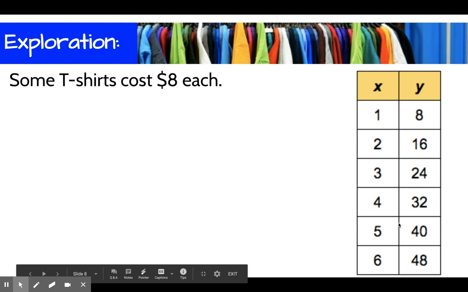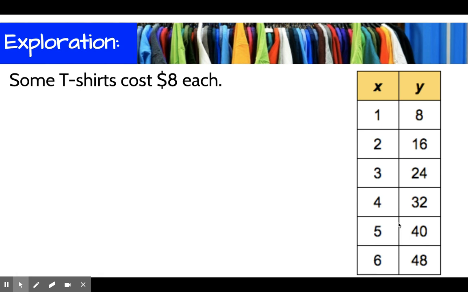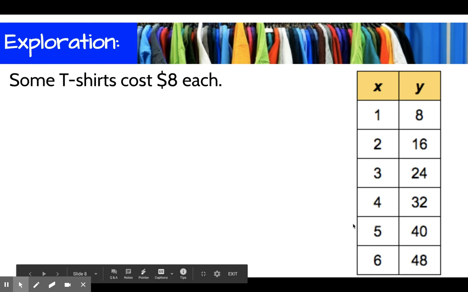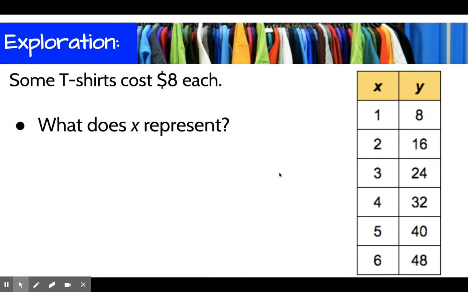So our exploration is as follows. We know that some t-shirts cost $8 each, okay? And then we're given this table of X and Y values. So we want to know, what does X represent? We want to know, what does Y represent?